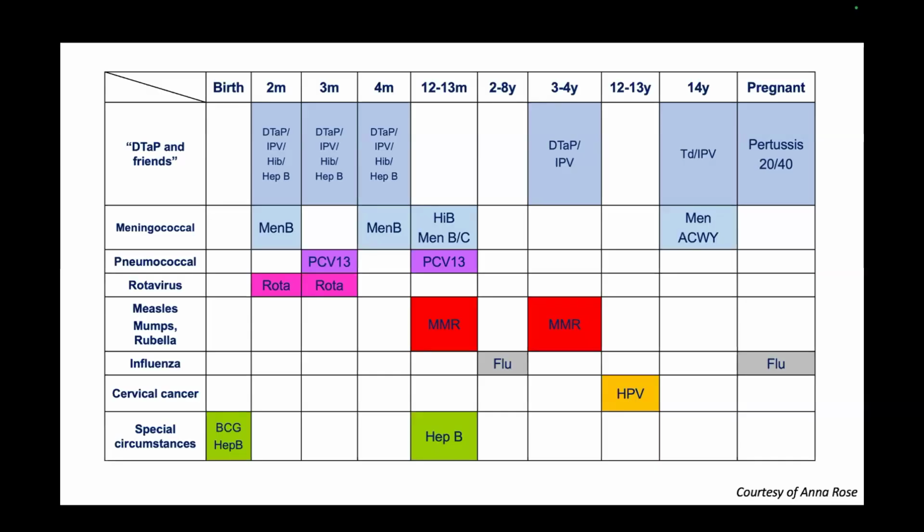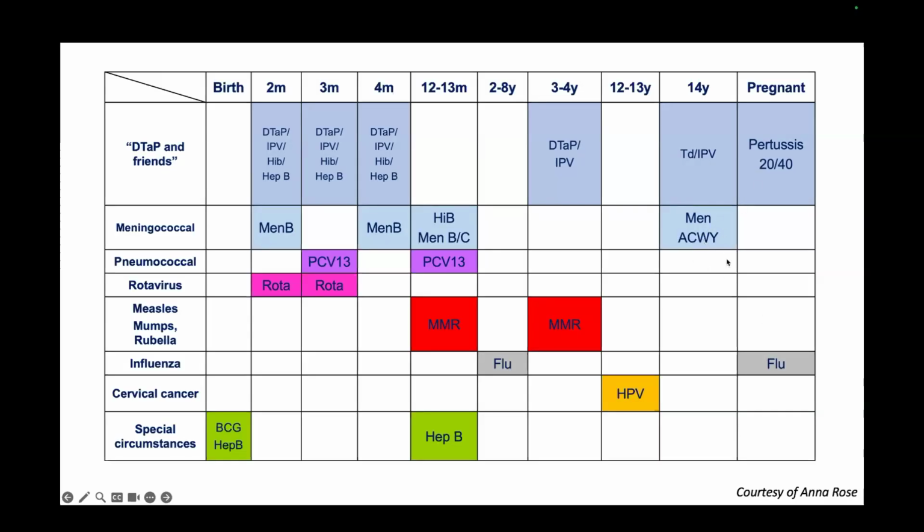So we would want to get protection at the time that you're most likely to get infection with this kind of bacteria. Thinking about Hib, Haemophilus influenzae, you're getting that early on in your vaccine schedule, and same for Men B. And then meningitis C, we often see peaks of that in teenagers or older children. So you do have some protection against meningitis C when you're about 1 year, but the big risk period is when you're a teenager, university age, and often for people going for Hajj as well.